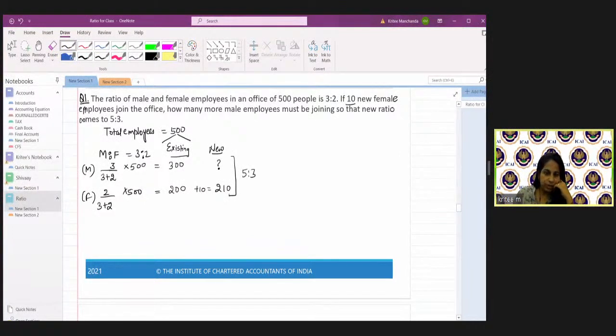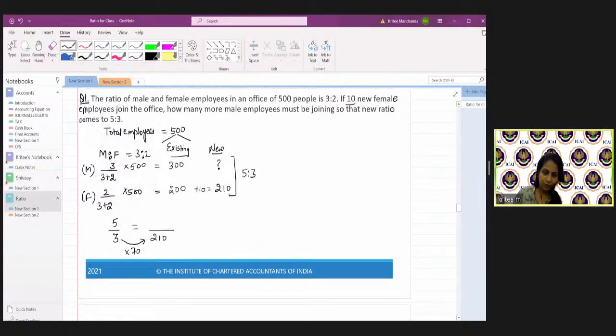As I'm telling you, there are a number of ways. The first one that I personally use, my understanding of how I go with it, is that the ratio must be 5:3. Female employees are 210. 3 into 70 gives me 210. And this is what I learned in ratio, that whatever number you are multiplying with the consequent must be the same number that you are multiplying with the antecedent, so that the ratio remains the same.